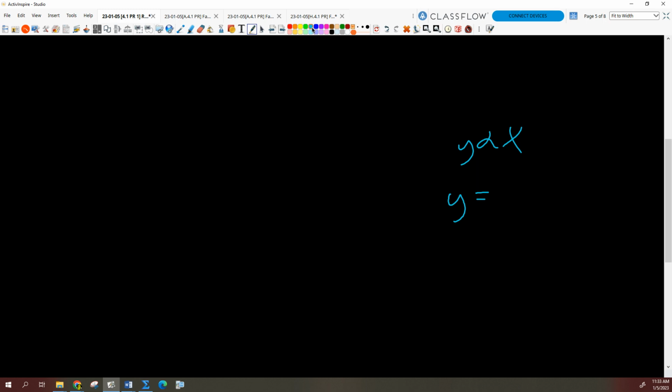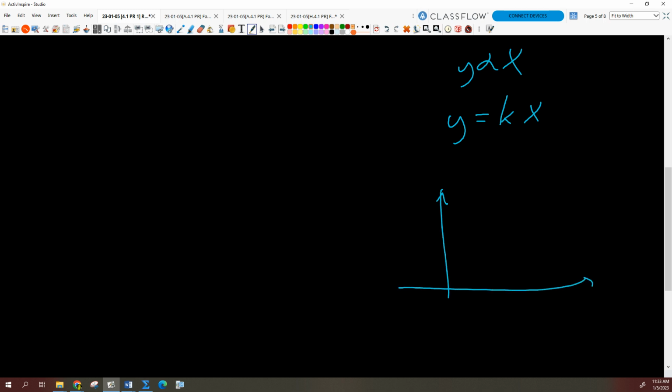If x triples, y triples. Okay, yeah, it's some constant times x, and we call it k, where k is the constant of proportionality, right? Does that make sense? And if I were to graph this thing, it just looks like a line with a slope of k. That's what the graph looks like, okay?